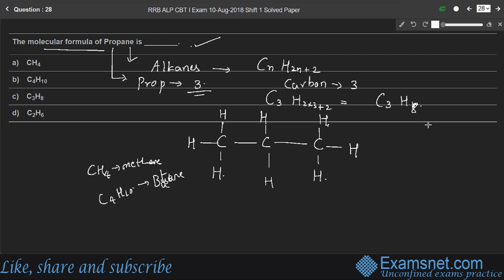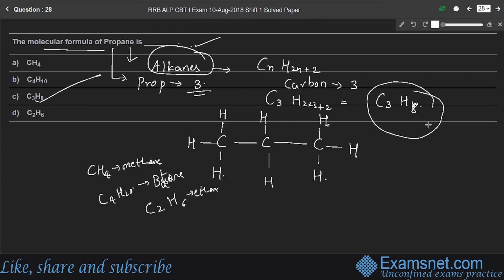If it is ethane, it becomes C2H, 2 into 2 is 4 plus 2 is 6, so C2H6 is ethane. Meth, eth, prop, but. So prop is the third member of the alkane family, therefore its molecular formula is C3H8. Option C is the right answer.